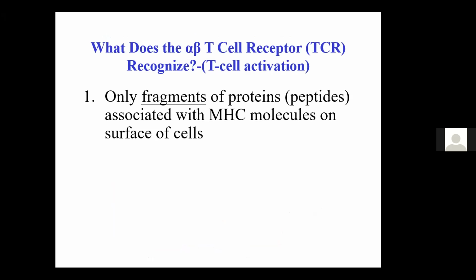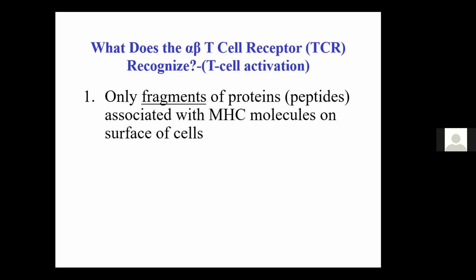Okay. Now, in terms of trying to instill the same points in form of a question that I've posted there, what does the alpha beta T cell receptor recognize? Or rather, how are the T cells activated? We have talked about the fragments of proteins that are broken down and associated with an MHC molecule on the cell surface, and that becomes attacked by the T cells.